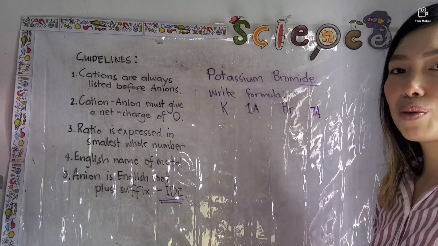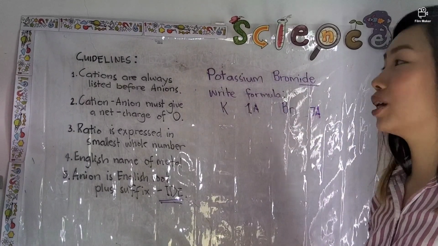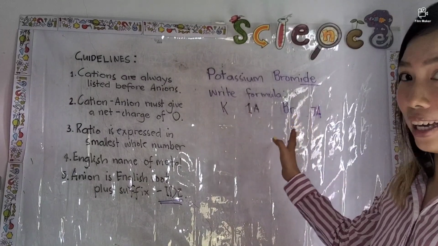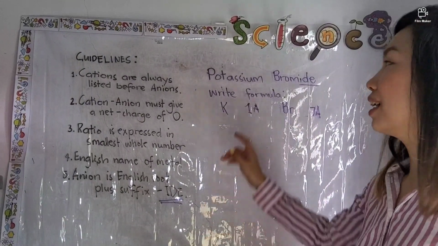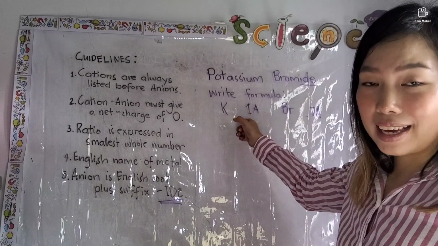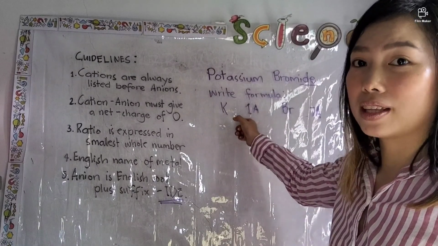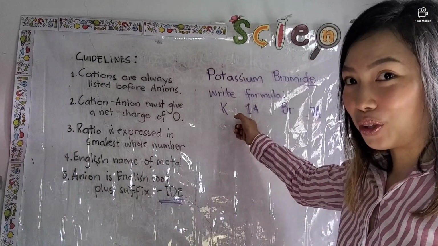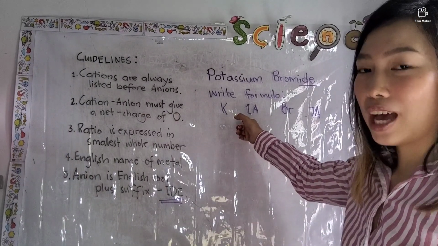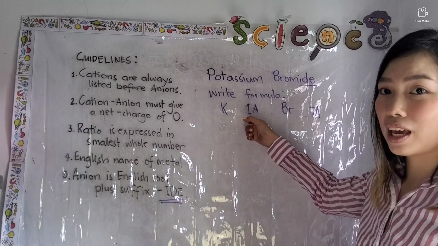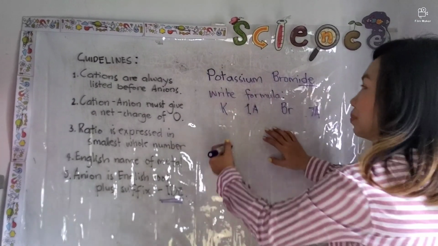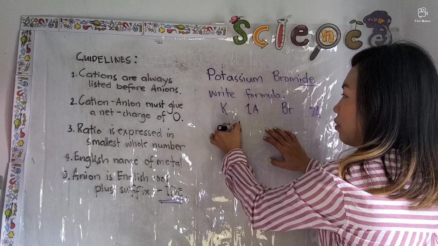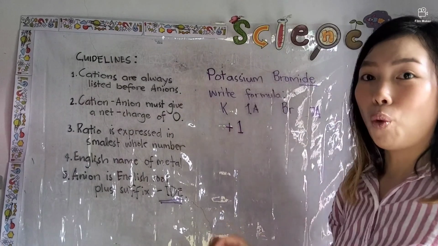Ngayon, dahil alam mo na kung saan grupo matatagpuan si potassium at si bromide, sabi natin kanina, group 1A has how many ions? The ion of potassium from group 1A will become positive 1.